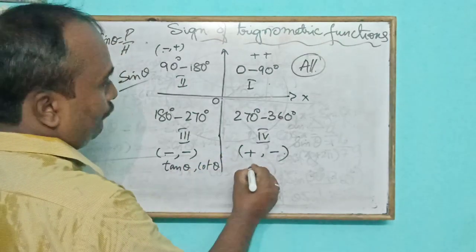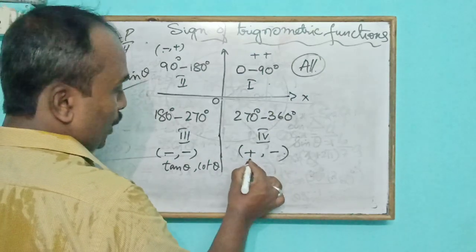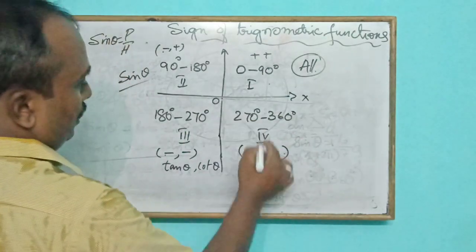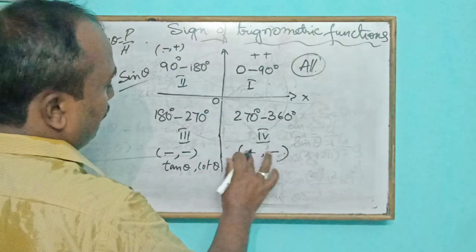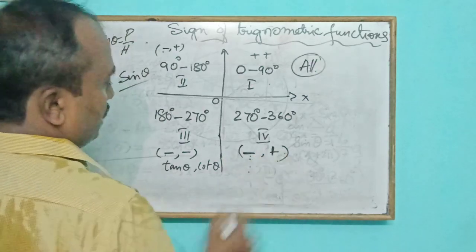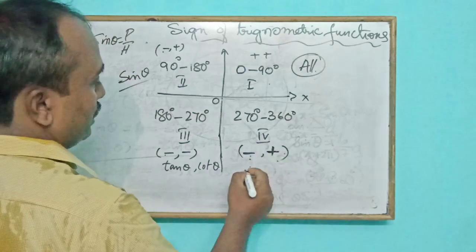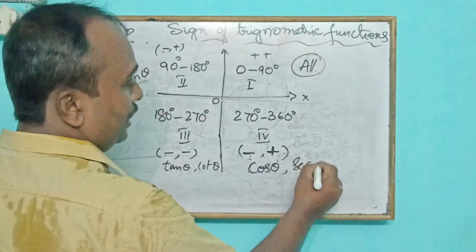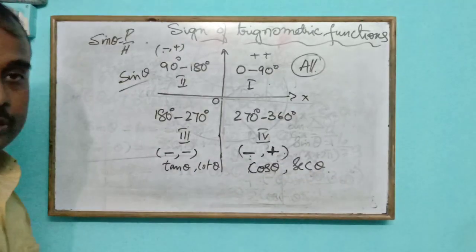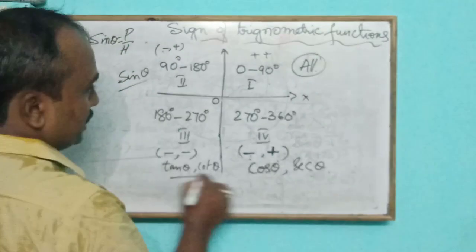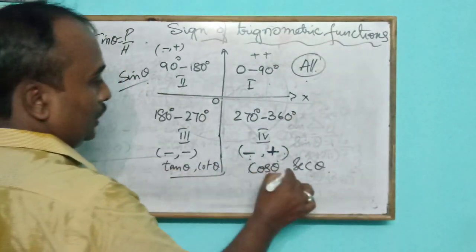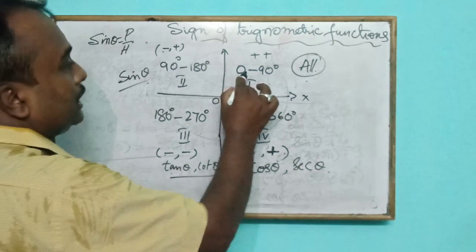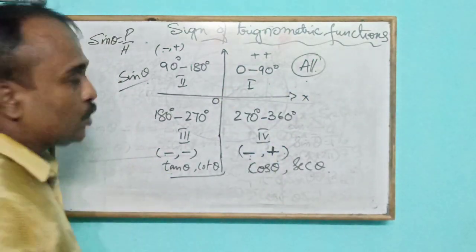And here we have perpendicular negative and base positive. So since base is positive, cos theta and sec theta both will be positive. So what we come to the conclusion is, all the trigonometric ratios between 0 to 90 degree have positive values.